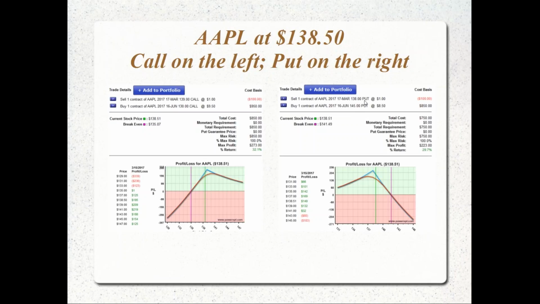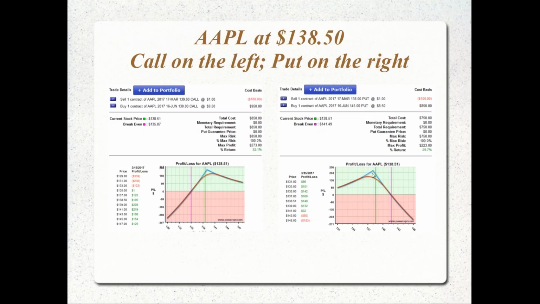On the put side is a very similar thing. I'd sell the slightly out of the money put, which would be the 138 for about the same dollar premium, and maybe buy a 145 for 850. So again, we get a profit and loss chart where the max return is right at the short option strike price. And this is what you see with any horizontal or diagonal. That is the max profit.